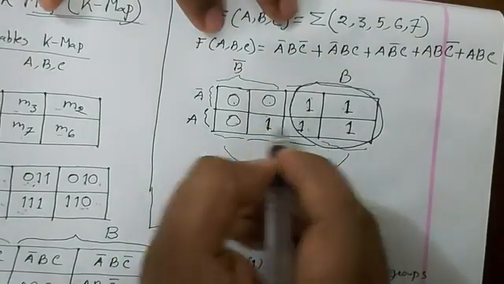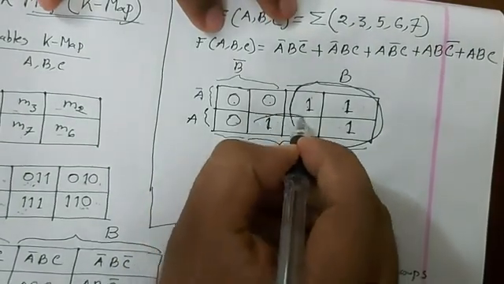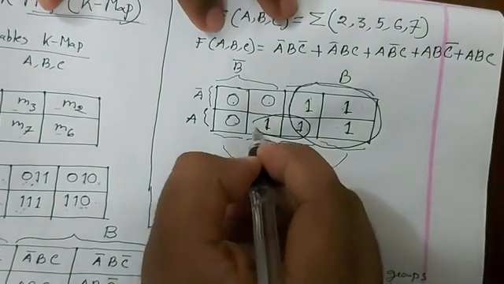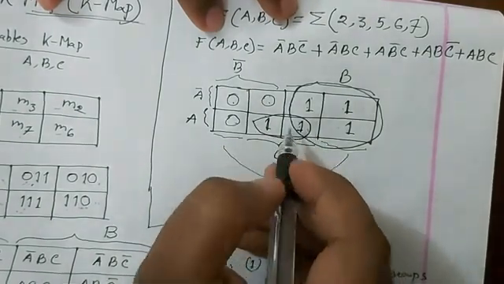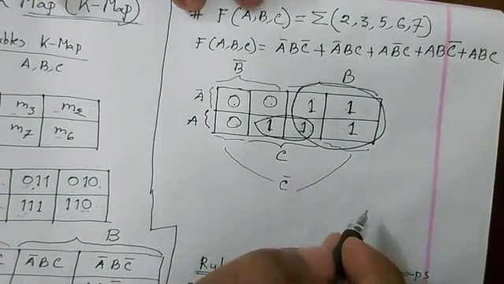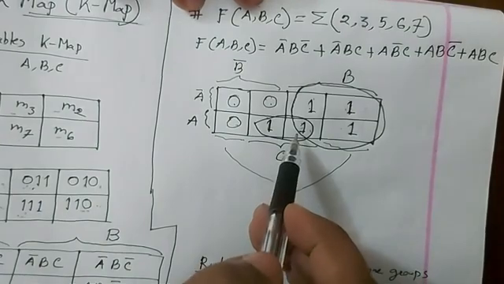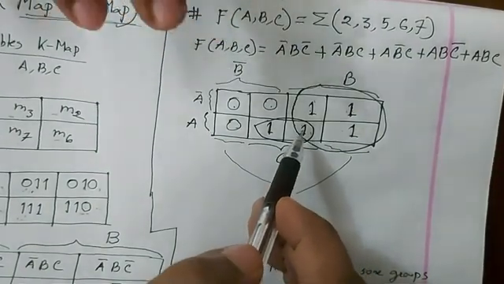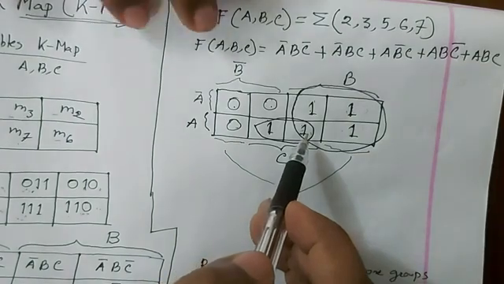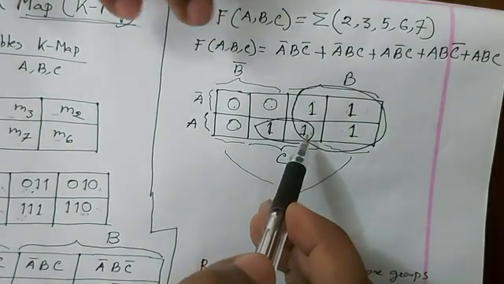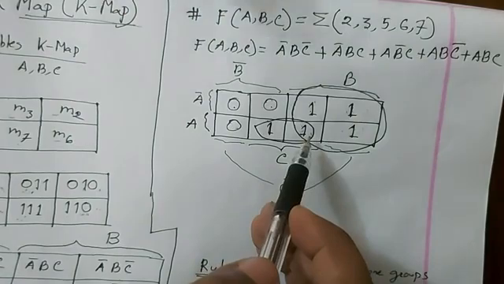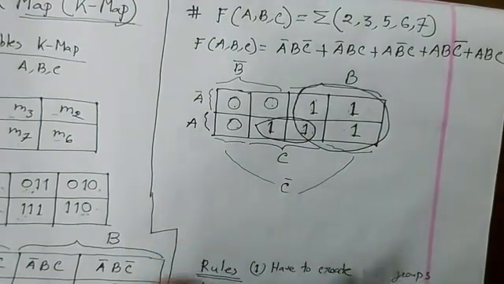So these 2 will create another group. The groups can overlap, that's not a problem. Like here the group has overlapped, so that's not a problem, but our goal is to create a smaller number of groups, and every group will contain the maximum possible number of ones. That is our goal.